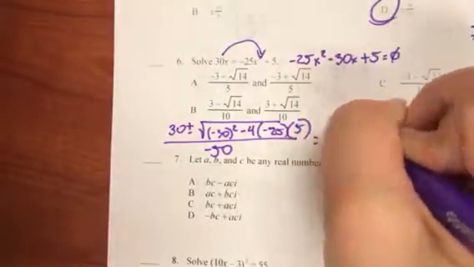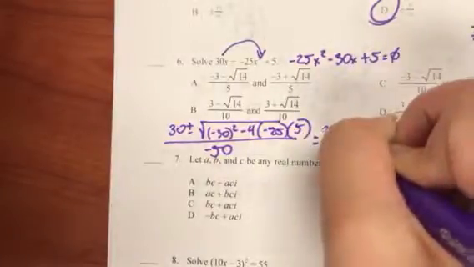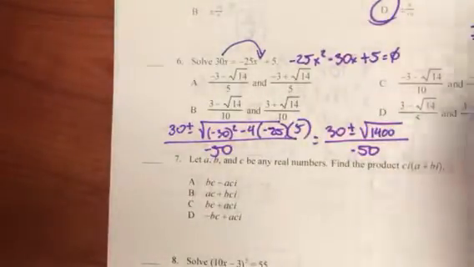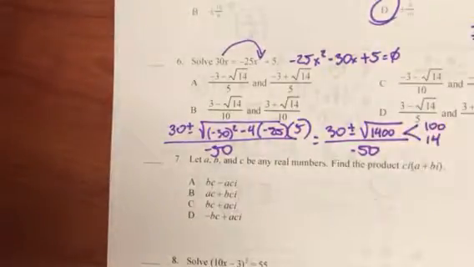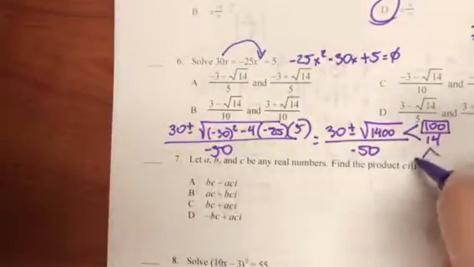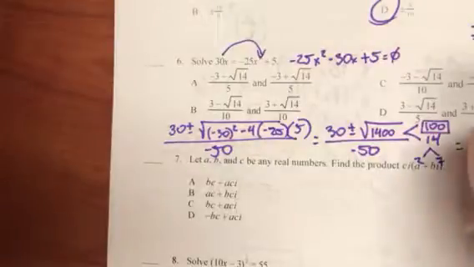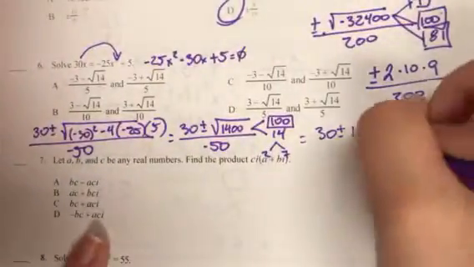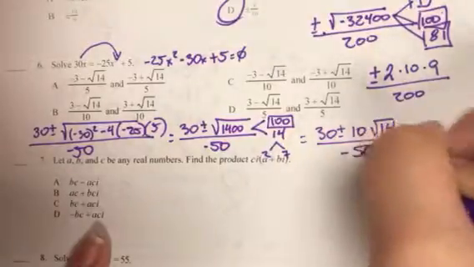So 30 plus or minus the square root of 1400 over negative 50. Well, 1400 I know is 100 times 14, because that's pretty easy. 100 is perfect, so that will come out. 14 is really a 2 and a 7. That's unhelpful. So I end up with 30 plus or minus 10, because that's how the 100 pulled out, square root of 14 all over negative 50.